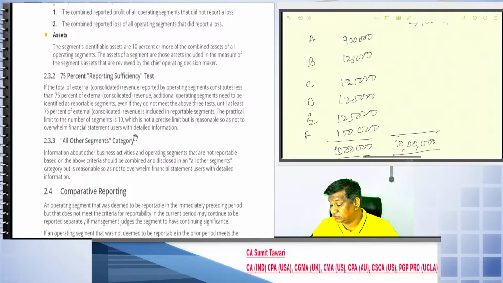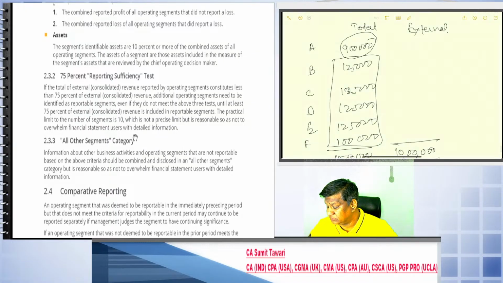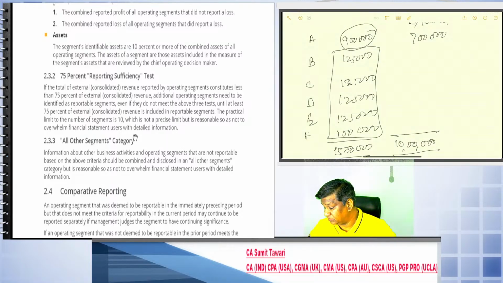So this itself is the only reportable segment, the rest are not, because the 10% criteria is not met. Out of this, say this is 7 lakh external, and the remaining is basically external everywhere, 75,000, 75,000, 75,000, 50,000 and 25,000.